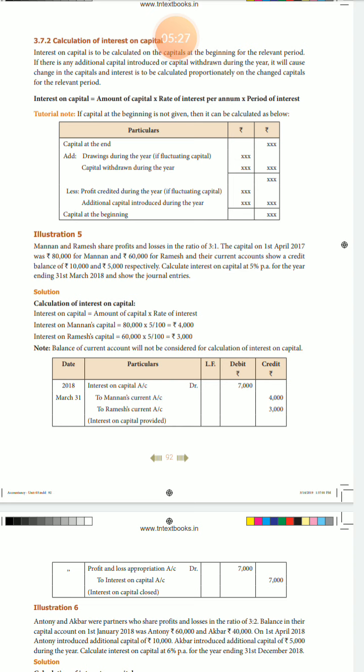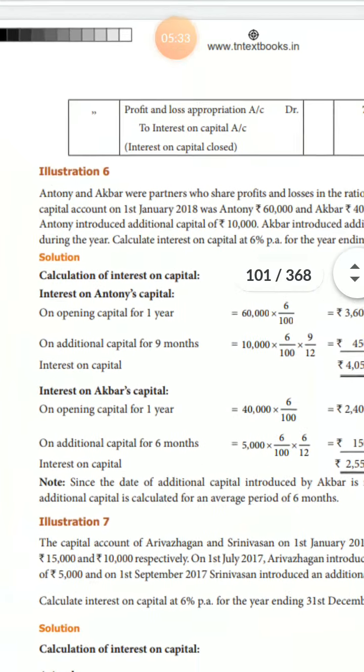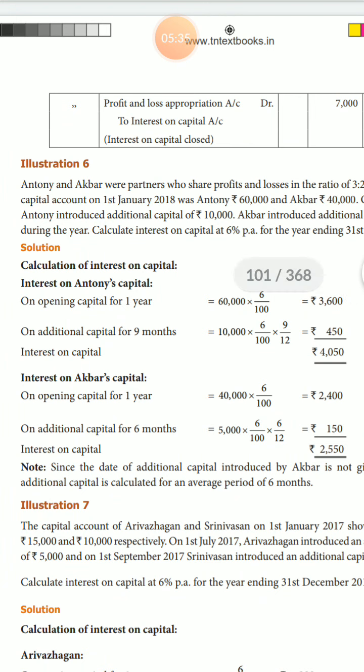Okay, students, next one, an important type of sum. Anthony and Akbar were partners who share profit and loss in the ratio 3:2. The balance in their capital accounts on 1st January 2018 was Anthony 60,000 rupees, Akbar 40,000 rupees.